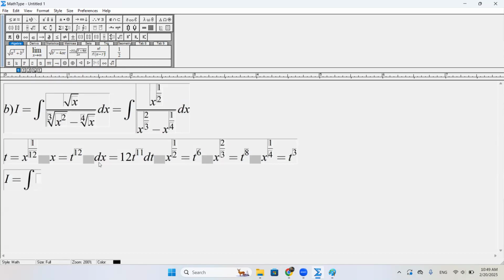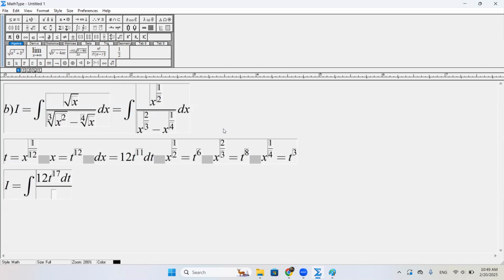So what do we have now? In the numerator, t in power of 6, and here 12 t in power of 11 dt. So 12 t in power of 17 dt.